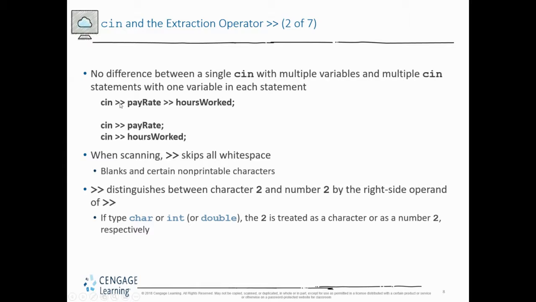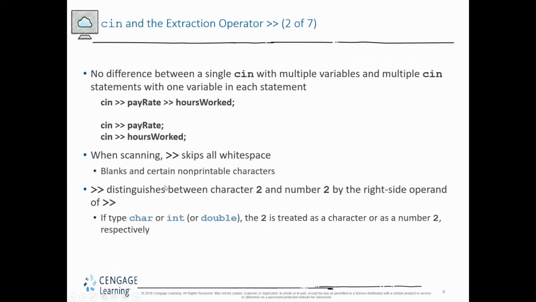It could be cin greater than pay rate, where pay rate is bumped right up to that second greater than sign. That doesn't matter. Or pay rate may be over here, and literally, the person may have hit the space bar 10 times, 20 times, 30 times. It doesn't matter. White spaces are skipped is what it means, okay?